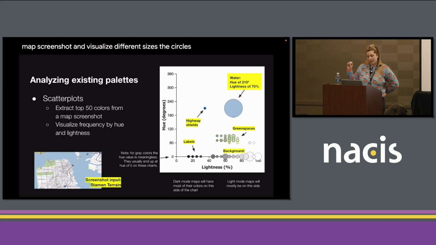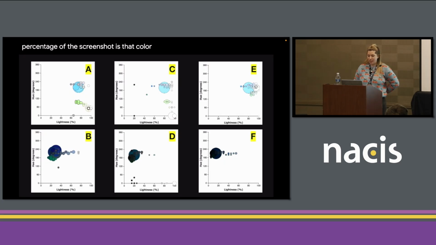The circles represent what percentage of the screenshot is that color. I'm curious if anyone has a guess what any of these are. This is 3 sets of light and dark maps. A and B are a set, C and D are a set, and E and F are a set. Does anyone have a guess about any of these?